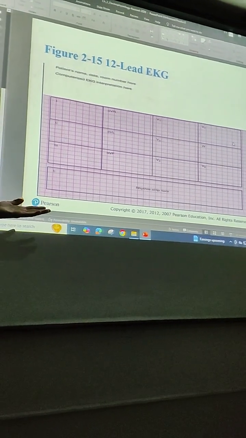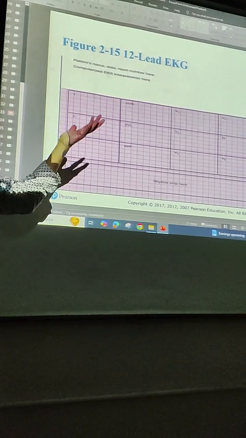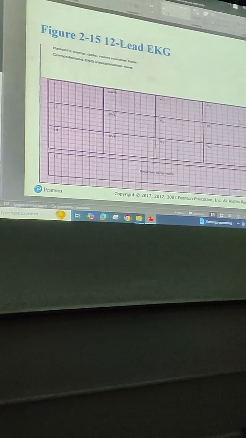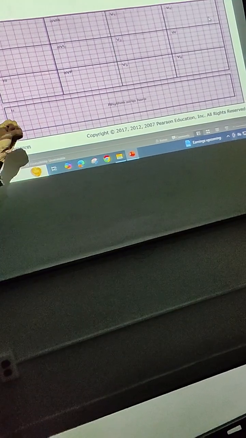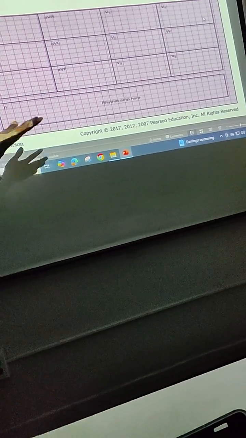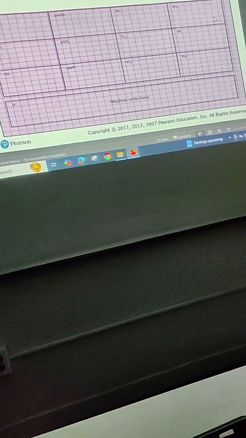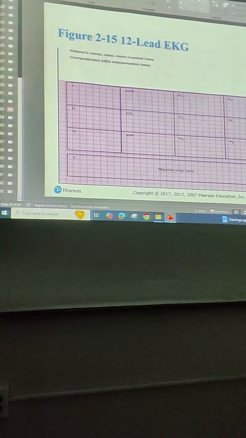We measure the little blocks from the beginning to the end of that wave, then compare with the standard values. If it doesn't meet them, we know it is off, whether above or below the normal range.